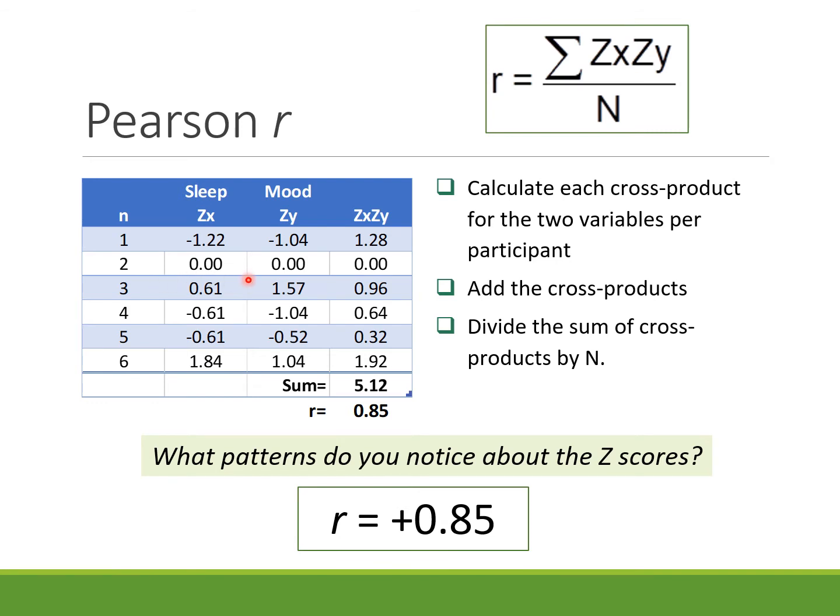We only have 6 participants, so it's easy to notice. When you have 1,000, it's going to be a little harder to notice. But they are negative together and positive together, so we do see a positive correlation. Now we have our correlation coefficient.